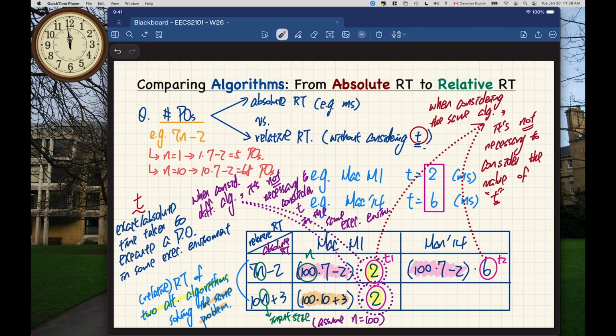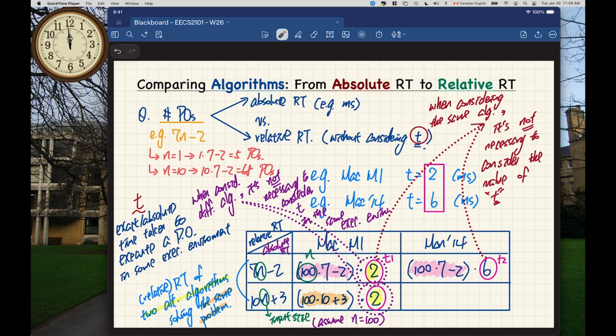Let me recap very quickly. Maybe you're still taking notes. What we're really trying to say here is, once you calculate the primitive operations, let's say either 7n minus 2, 10n plus 3, maybe 7n squared minus 4, something like that, it doesn't matter. That relative running time should be sufficient for us to do any further analysis with much precision.